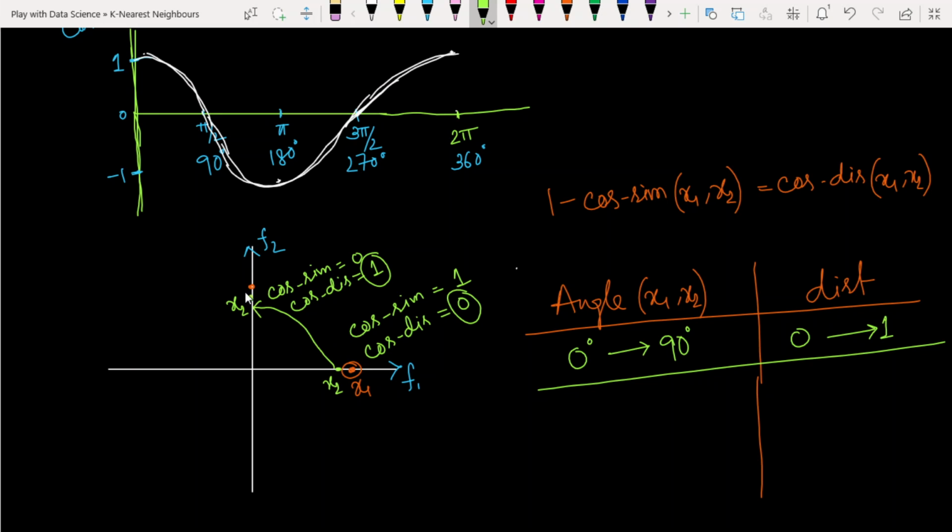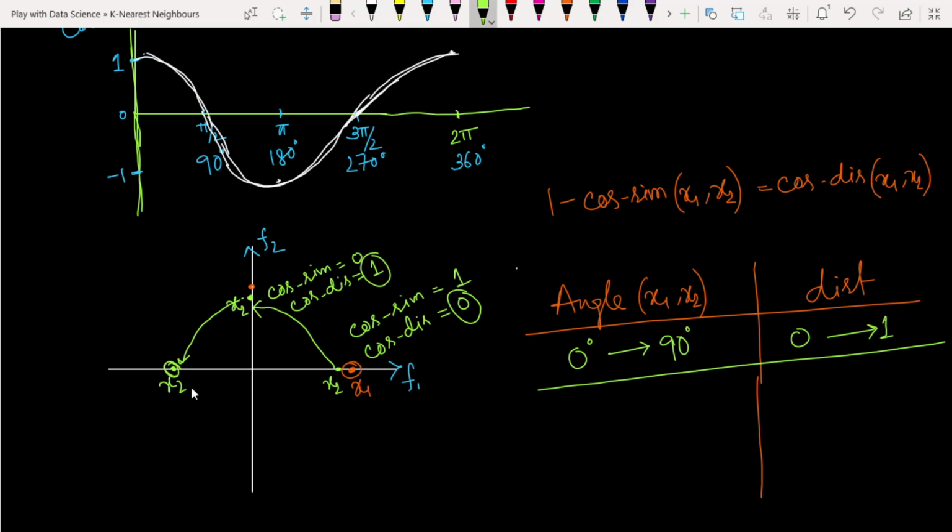Now let's see, we are moving this x2 vector in this direction, from here to here. Now our x2 vector will be lying in this place. So what will be the angle between x1 and x2?